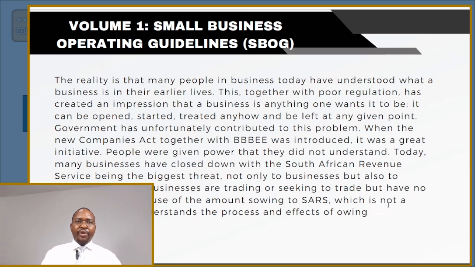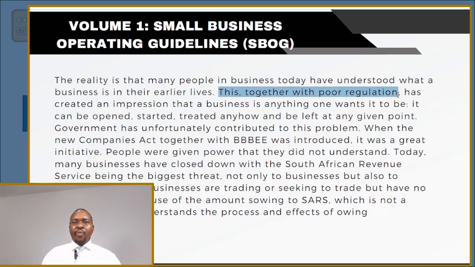when we start with volume 1, in this volume we're trying to give you the overall compliance schedule of all small businesses. And here we understand that most business people would want to start a business as soon as possible. What we have picked up is that there is poor regulation.